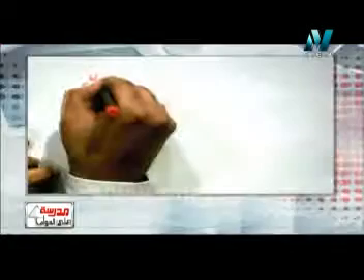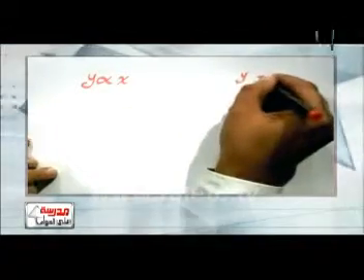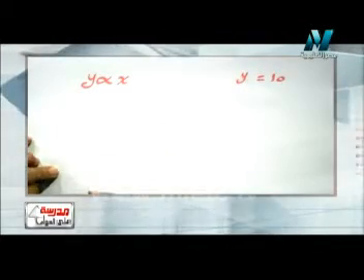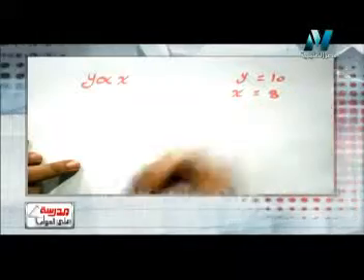In this problem, we have y varies directly as x, and y equals 10 as x equals 8. Then find x.